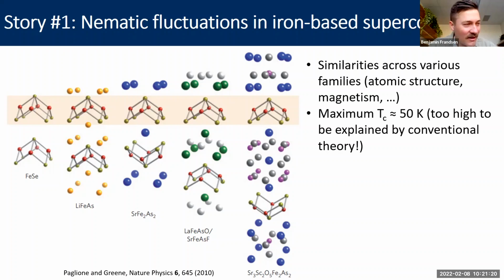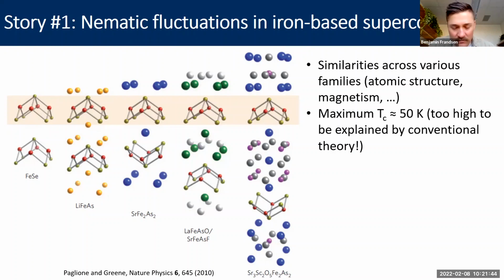A 50 Kelvin superconductor doesn't necessarily sound like an earth-shattering breakthrough. Nevertheless, this transition temperature is too high to be explained by conventional BCS theory. So these are, in a sense, unconventional or high-temperature superconductors, perhaps similar to the more famous cuprate superconductors.